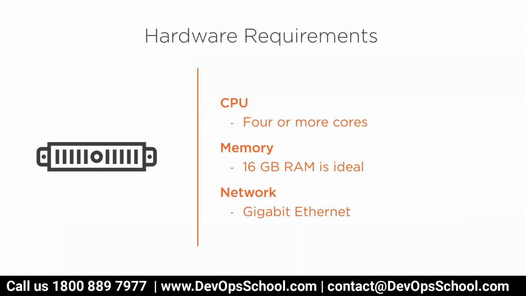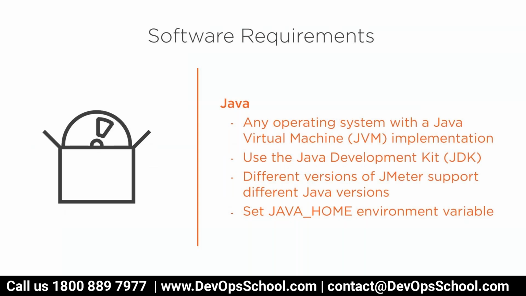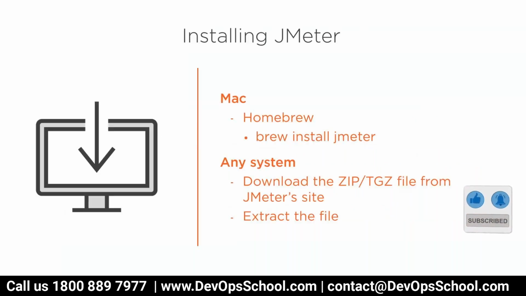That is a prerequisite for all Java based applications, not only JMeter; in certain scenarios you have to install the JDK and set up Java home. That is important. After that you have to download JMeter, extract the file and keep it somewhere. So let me show you.